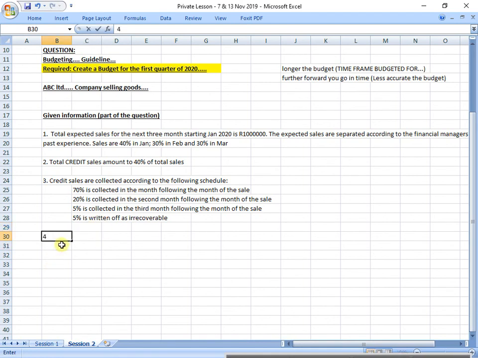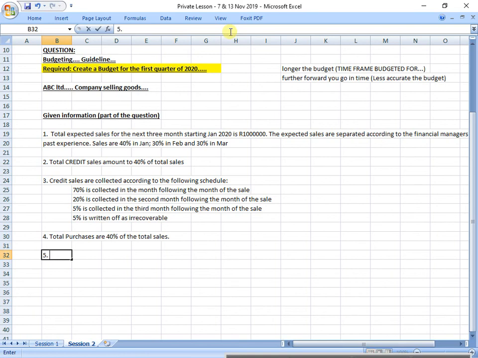Okay, then they're probably going to give you something about payments. Right, they could maybe say with purchases. Let's say total purchases are 40% of the total sales. Actually, let's not complicate it, let's keep it simple. Total purchases are 40% of the total sales. That's simple enough, right? Okay.